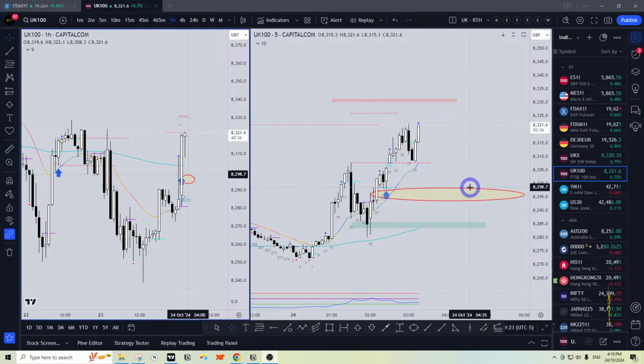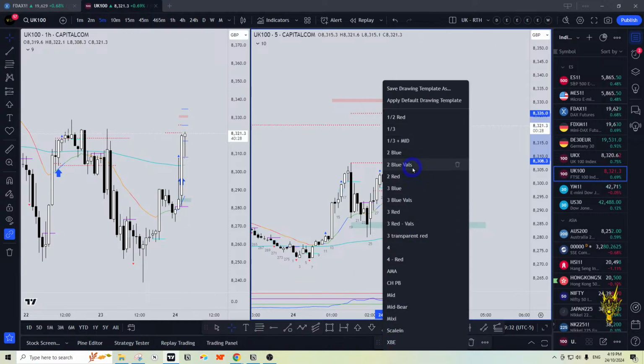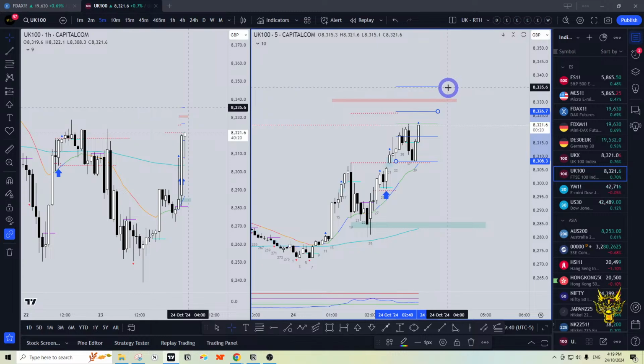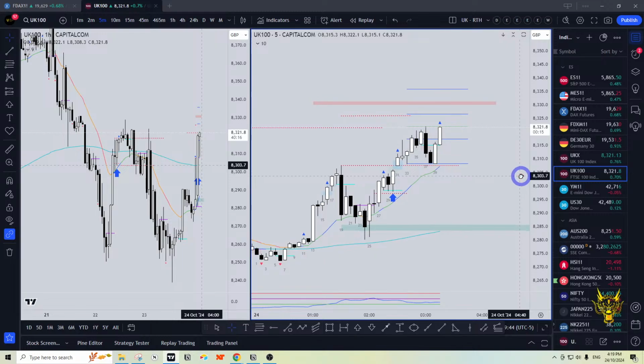So we were using ranges before to work out targets, etc. So here's a pullback. If we break above that range, traders are buying to go up here, which is where 8330, 8335.